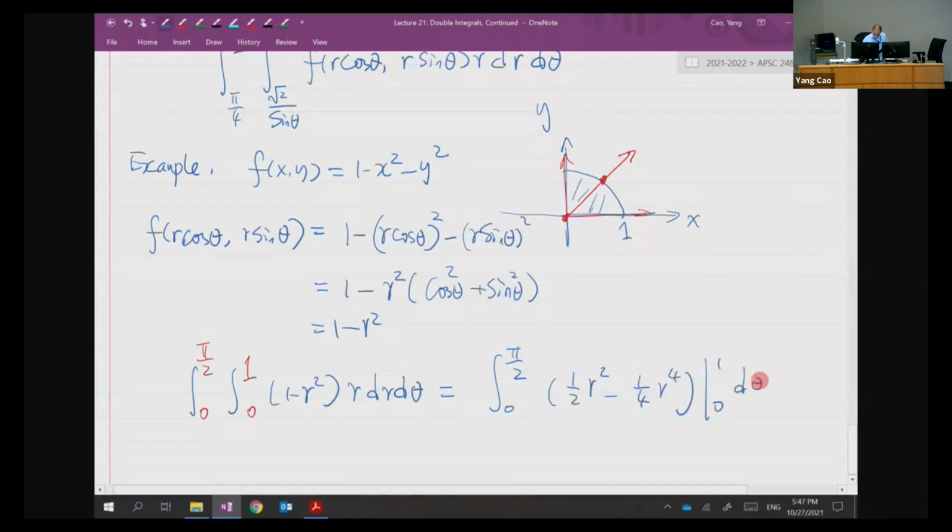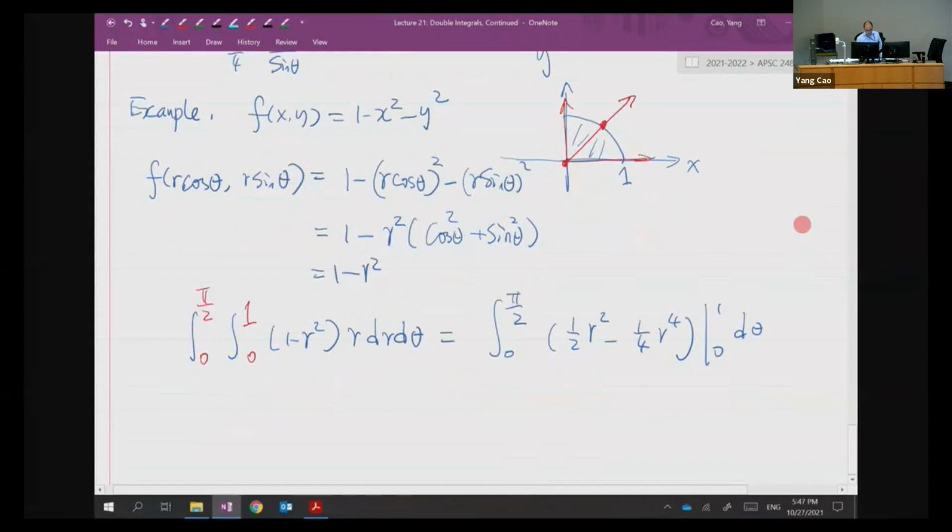Substitute 0 to 1 into it. Okay. So when r equals 1, you get 1/2 minus 1/4, which is 1/4. When you plug in 0 here, you get all zeros, so that's just 1/4. And for theta, you're left with just d theta. So that's pi over 2. So you end up with pi over 8.